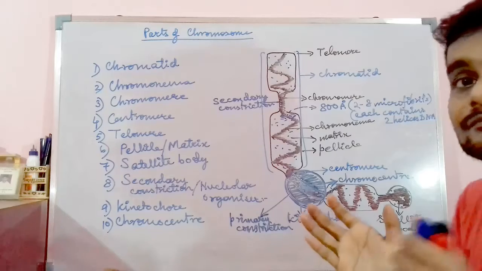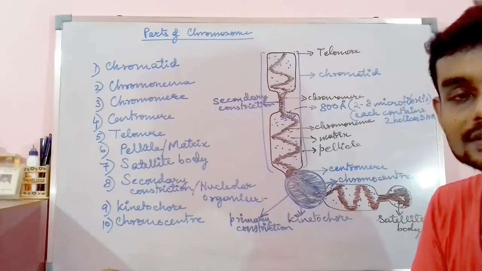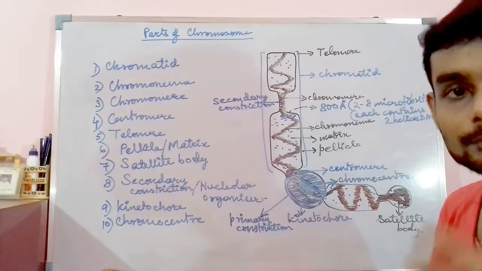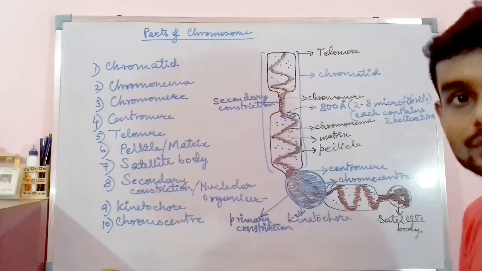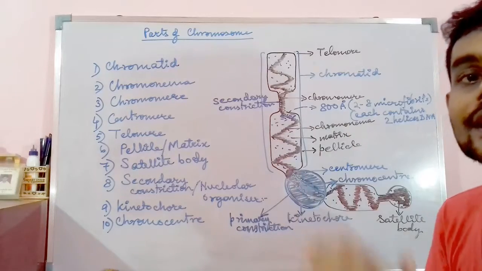This pellicular matrix is formed of the same kind of proteins or amino acids, which help in packing the entire chromonema in the middle.